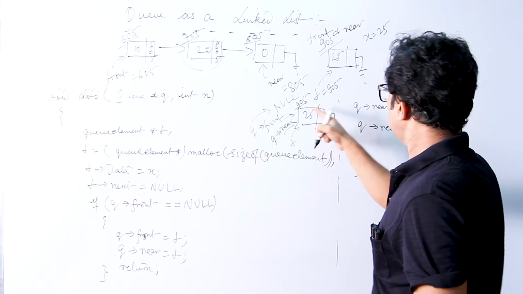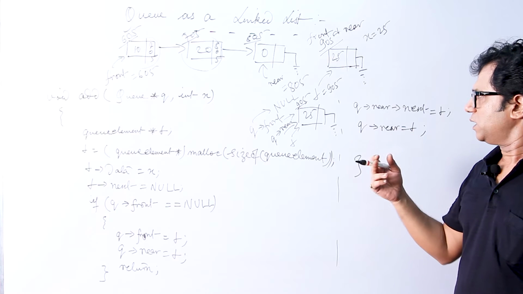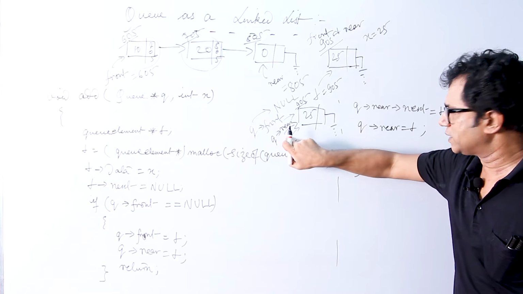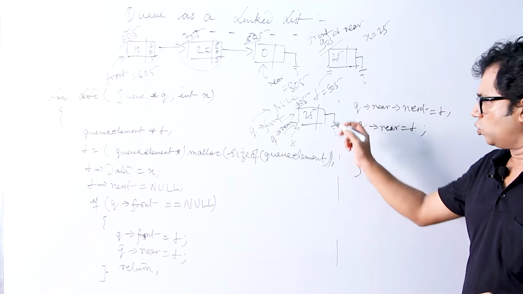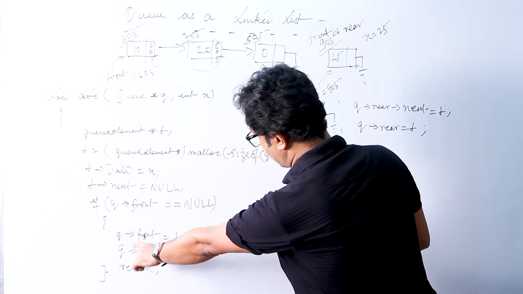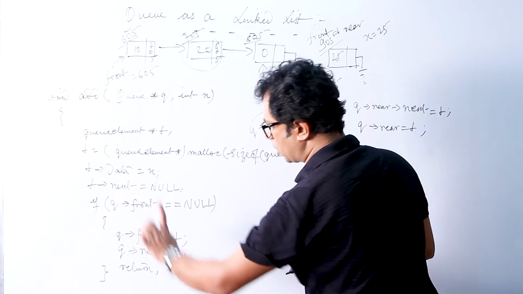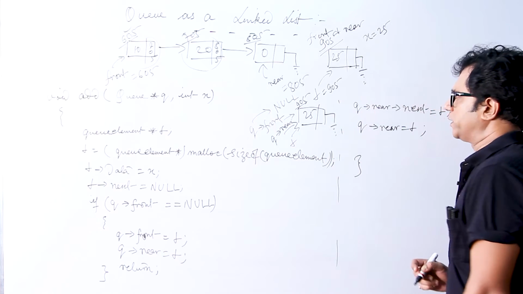This only node becomes the front node as well as the rear node. To deal with that situation we have written this code, and after that we have written a return statement and go out of the function body.